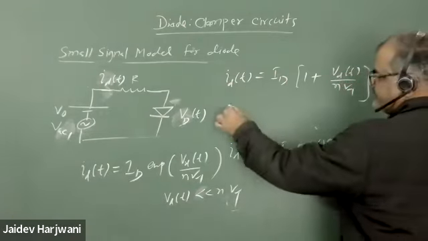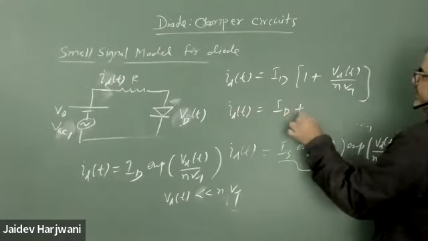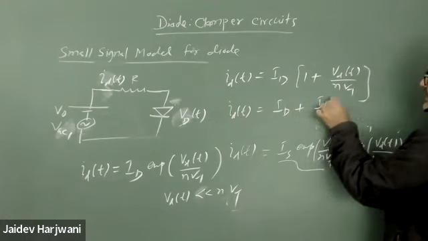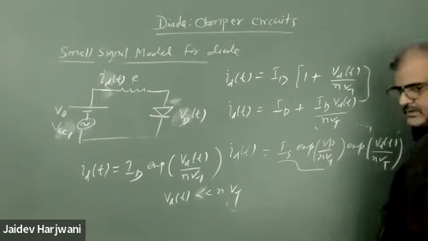Now your i_D(t) is the sum of I_D plus I_D v_d(t) upon eta V_T.